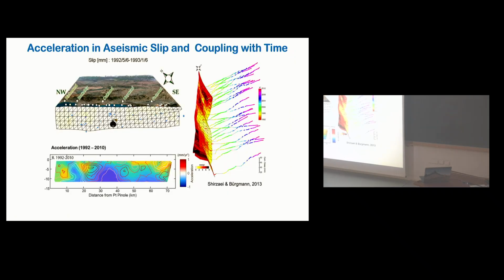So we do have time series. In this study with Manu Shirzaei, we had 18 years of InSAR data and also GPS data. So we can also make a time-dependent model. This animation here shows the accumulation of creep as a function of time, and also in red the occurrence of repeating earthquakes, and in blue other microseismicity over the years. And here on the right, each patch with a time series next to it shows the slip history.